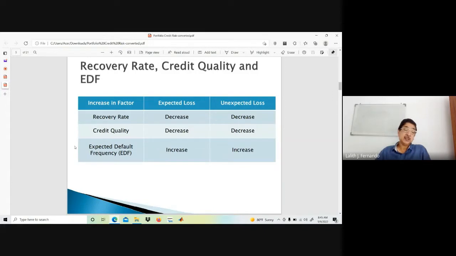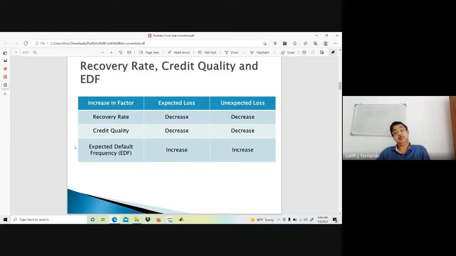For example, when you grant an advance, the particular borrower, the counterparty, the rating was AAA. But say after 6 months or 8 months, you get the publication or the real notice that the particular counterparty has been downgraded by the rating agencies to the next notch, that is AA plus. It's a very minute change in the PD.